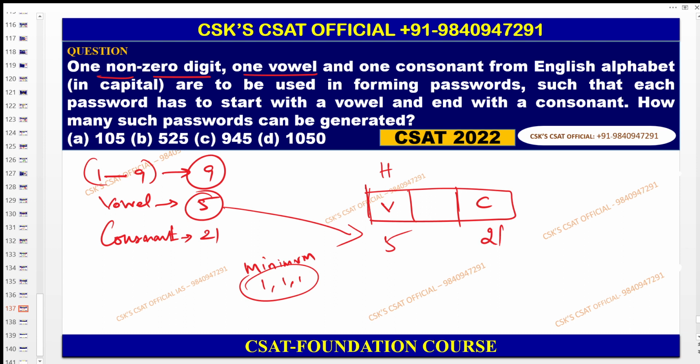Therefore in the middle obviously you need to put the digit. How many possibilities are there? 9. So then 5 into 9 into 21, since we need to do all the job here. So 45 into 21 will become 945. That's it. Got it? Okay, fine. So now move on to the next question.